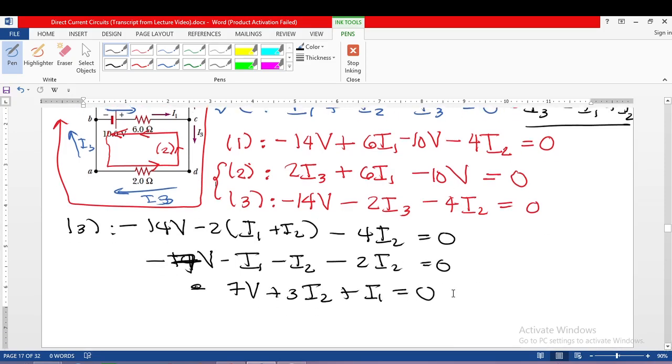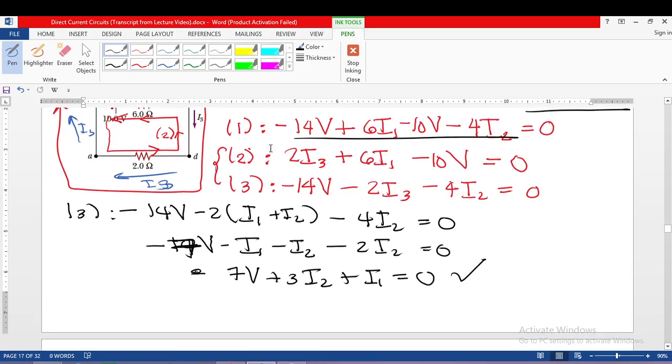Then we can use this equation and this equation to find I1 or I2. So for this equation, equation 1 becomes negative 24 volts plus 6I1 minus 4I2 equals 0, or we can rewrite this as 6I1.